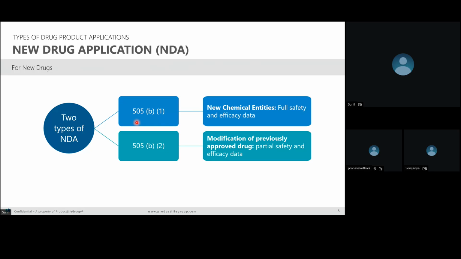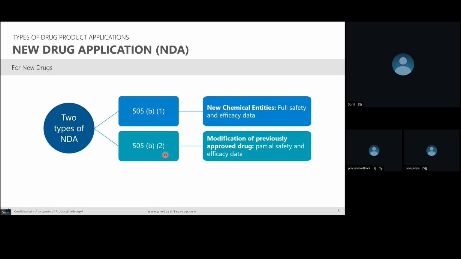Then it's neither a generic application nor an innovative application, right? It's something in between, and that is known as a 505(b)(2) application. Here, to convert the tablet dosage form into a capsule dosage form in the market, you have to perform a few clinical trials. Not all of phase 1, phase 2, phase 3, because the safety and efficacy of rosuvastatin is well known.